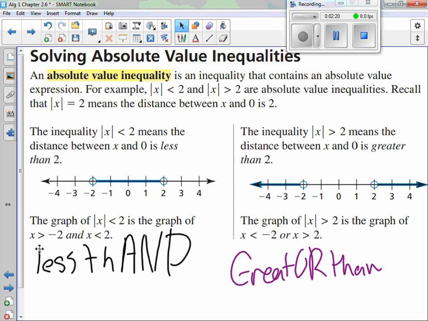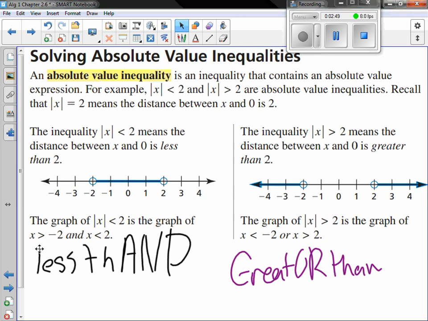If you're thinking that's the incorrect way to spell greater, I know, it's supposed to be ER technically. But when we talk about absolute values, greater than is our or statement. Less than is our and.